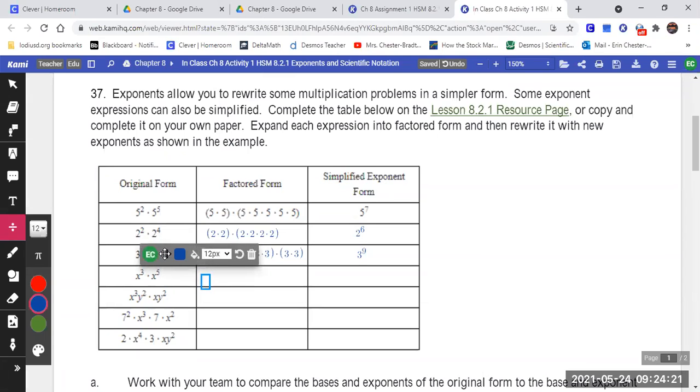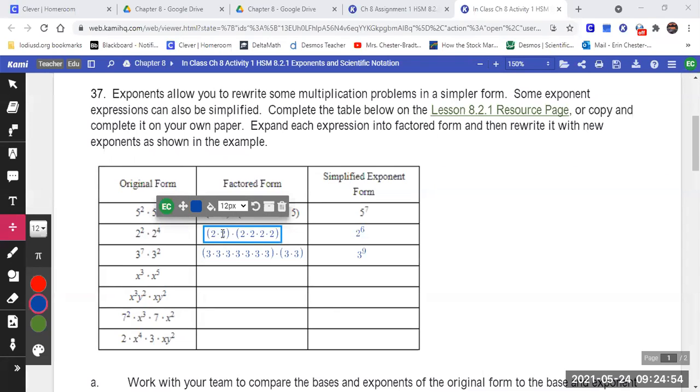Okay. Tell me this one. Okay, the simplified expression form, count.